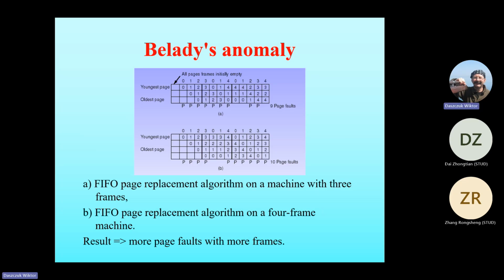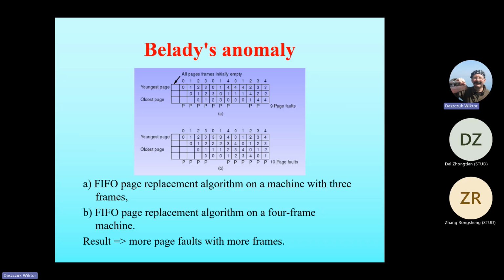This is an example of the most well-known anomaly called Belady's anomaly that shows what could happen. We can say it is an academic example because nowadays the FIFO algorithm is seldom used.